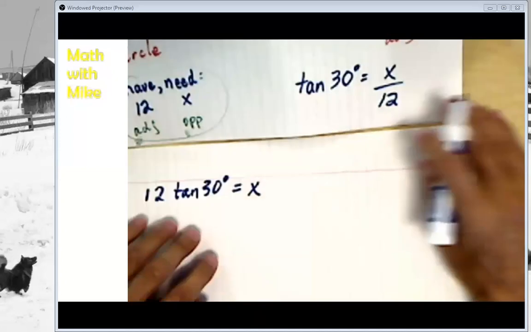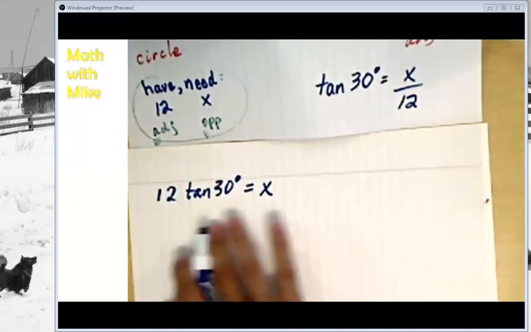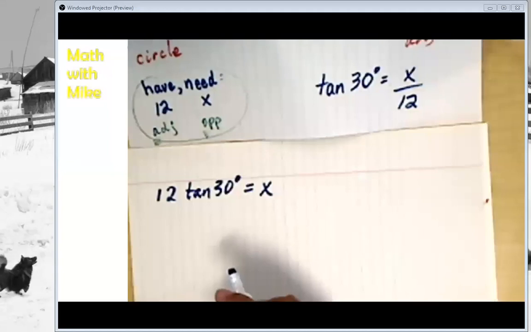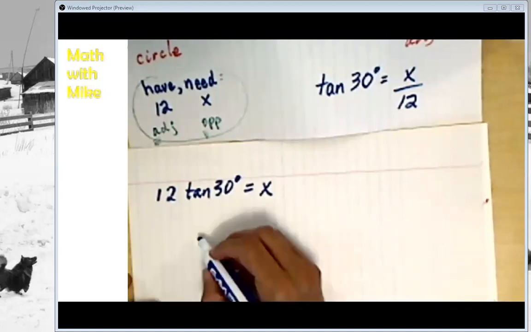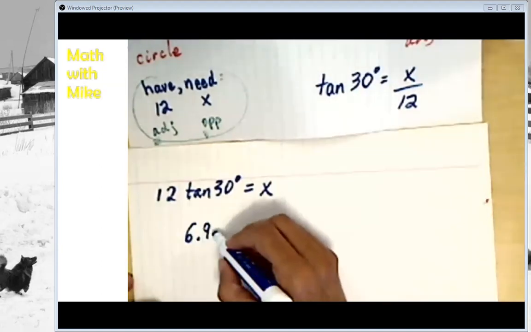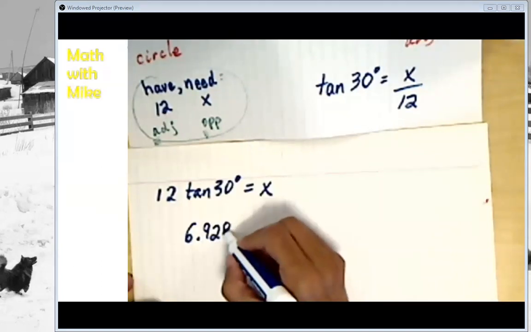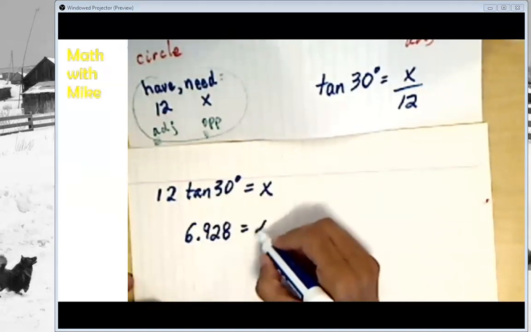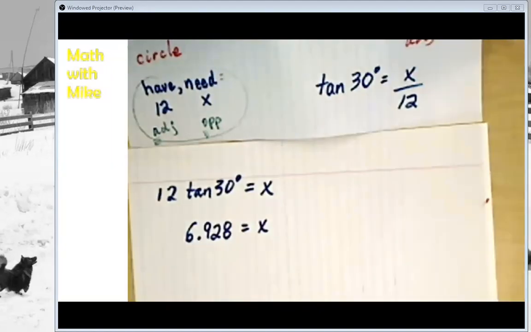All right. And when you punch this into your calculator, if you've done everything properly there, and again, it depends on the order you have to do it, you get an answer of 6.928 equals X. Okay, if you didn't get that, then we'll have to figure that out during class.